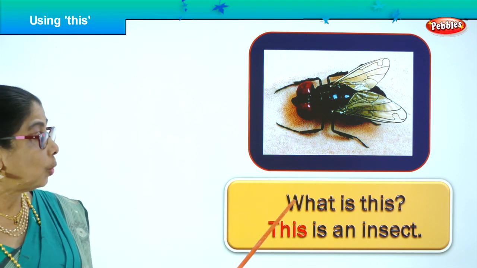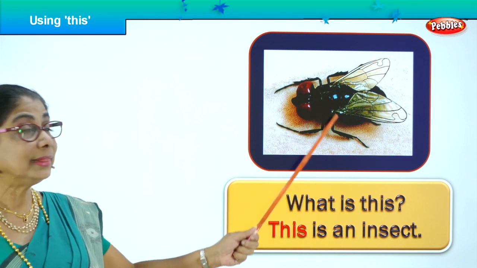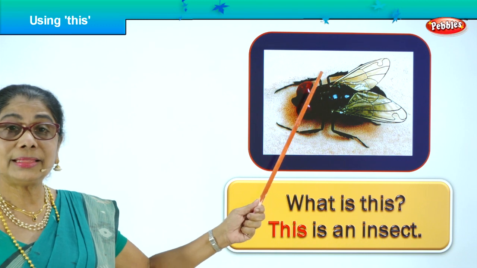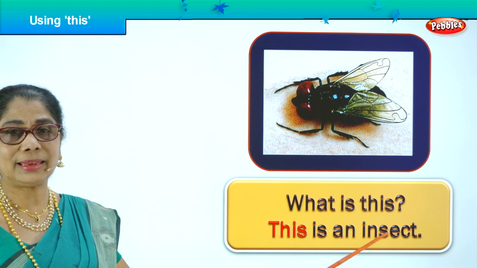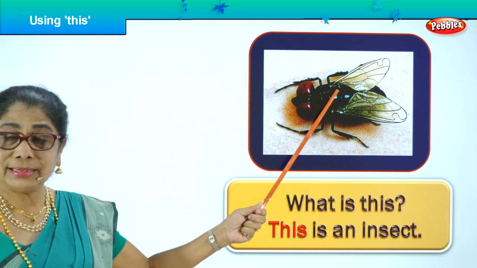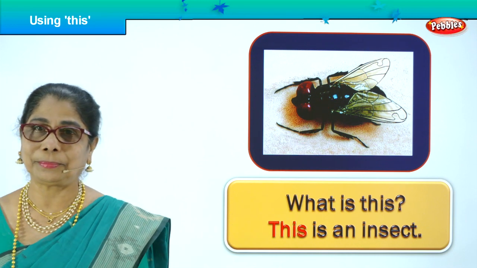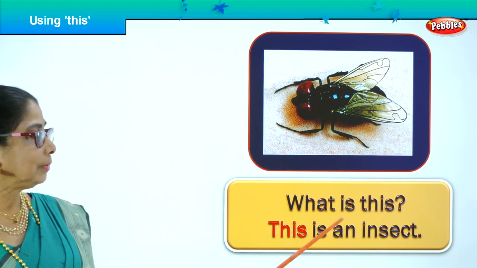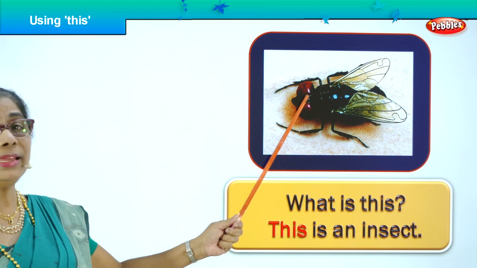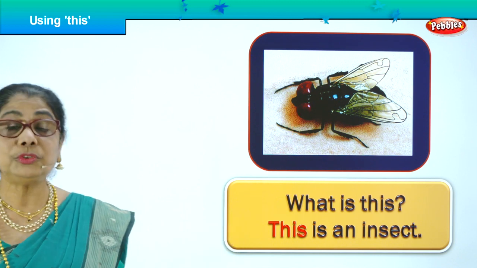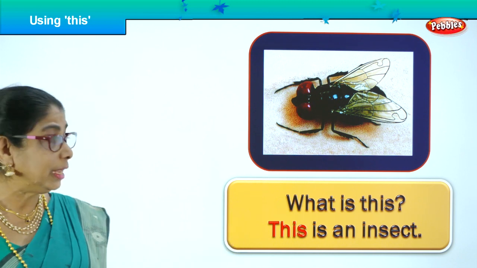Okay? What is this? This is an insect, or this is a housefly. Yes? This is an insect, or you can say this is a housefly. Read the question for me.